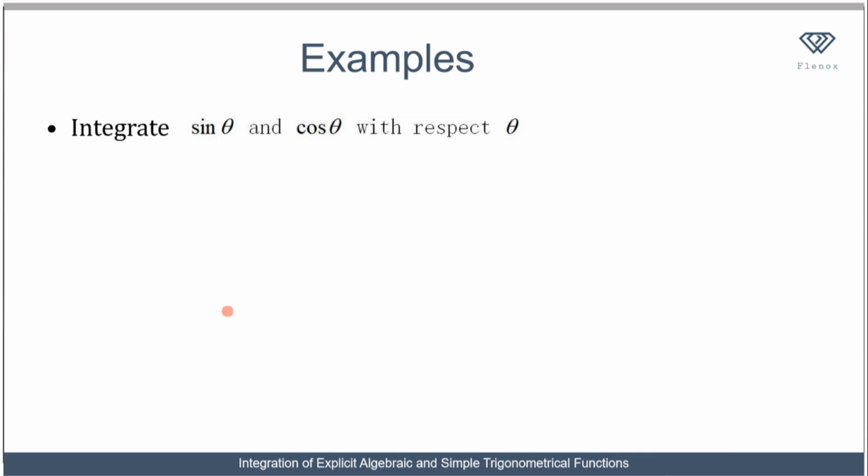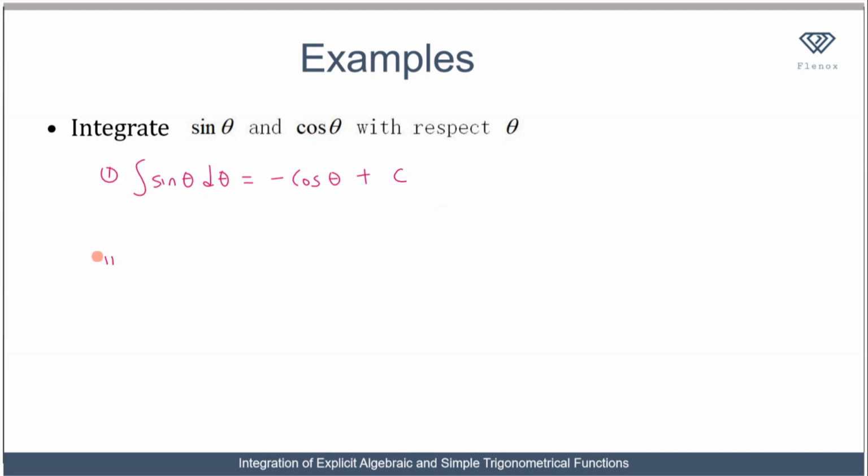Here we are told to integrate sine theta and cos theta with respect to theta. So now we are not using x, we are using theta. The first one, we are told to integrate sine theta with respect to theta. Based on what I've explained, the integral of sine theta will be minus cos theta plus my constant of integration.